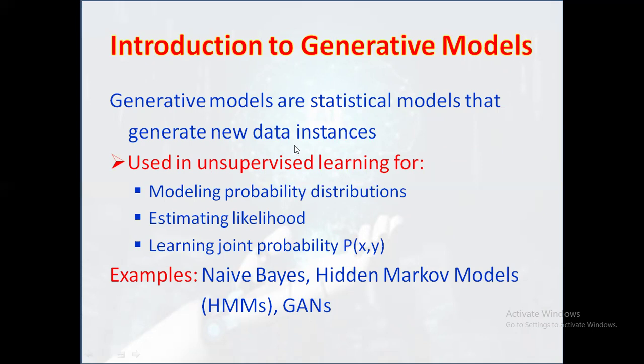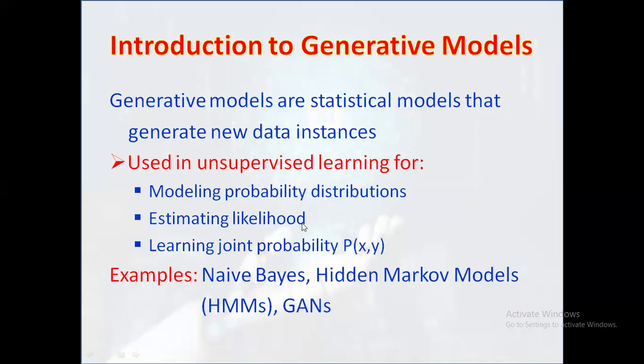And it is used in unsupervised learning. In unsupervised learning, generative models are employed to learn the structure of data without needing labeled outputs, whereas in supervised learning, we have to label the data. They analyze patterns in the input to estimate the underlying probability distributions, making them useful for tasks where explicit outputs are not known.